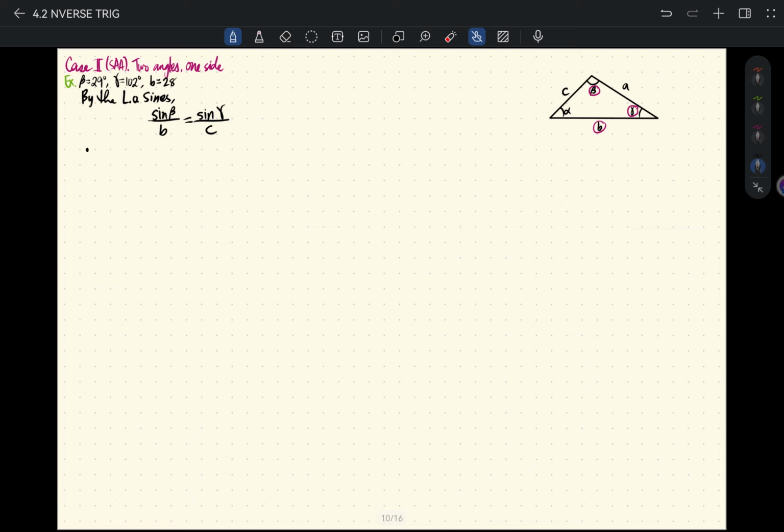Solving for C, we have C times sine beta equals B times sine gamma. Then dividing both sides by sine beta, we have C equals B, which is 28, times sine of gamma, you have sine of 102 degrees all over sine of 29 degrees.